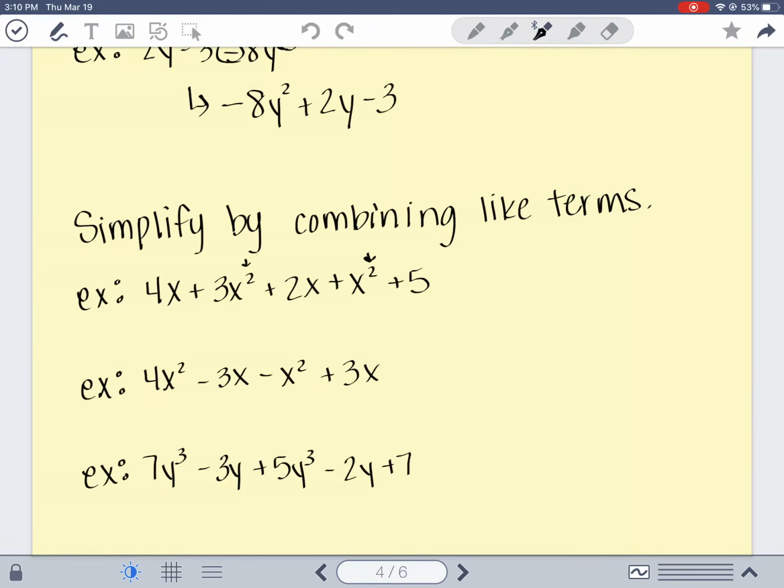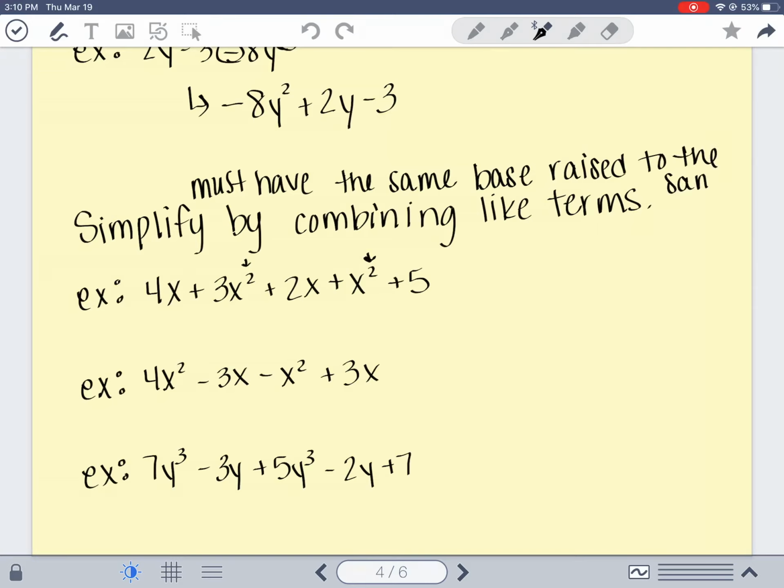Okay, so you must have the same base raised to the same power. Okay, that is very important. Same base raised to the same power. And remember, we want this in standard form.